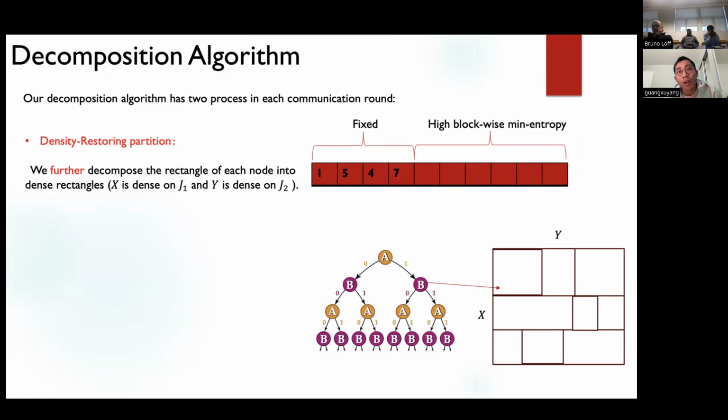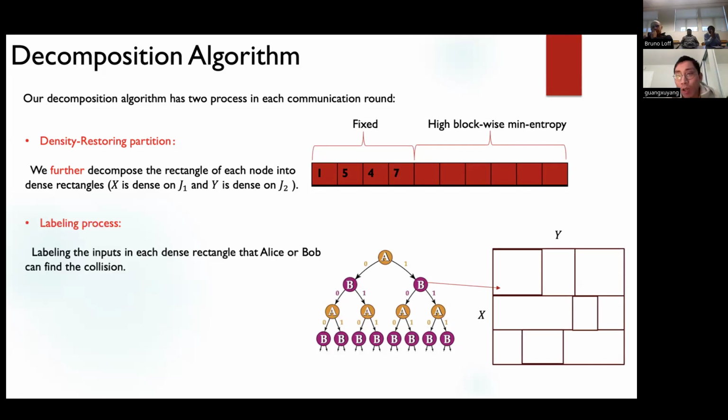Compared to one-way communication, we have another process, called the leveling process. The leveling process means that we level the input in each dense rectangle so that Alice and Bob can find the collision. For example, for a value y, they can find the collision depends on it in this rectangle, so we will level the x, y.